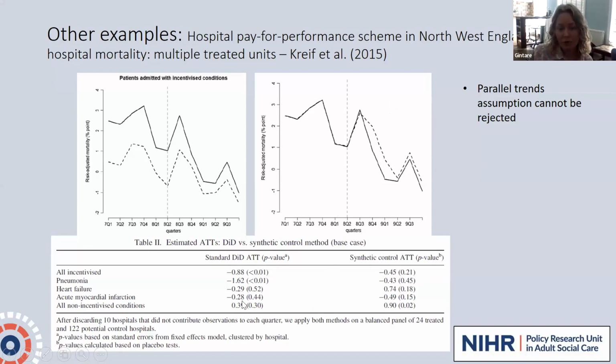This graph shows a comparison between the two methods, and in general, this article is useful for having a look at both methods and how they compare with each other. And as you can see, the treatment effects are actually quite different. Using the difference in differences approach, there's more statistical significance found in the treatment effect, while using the synthetic control unit, it shows much less significance in the effect observed.